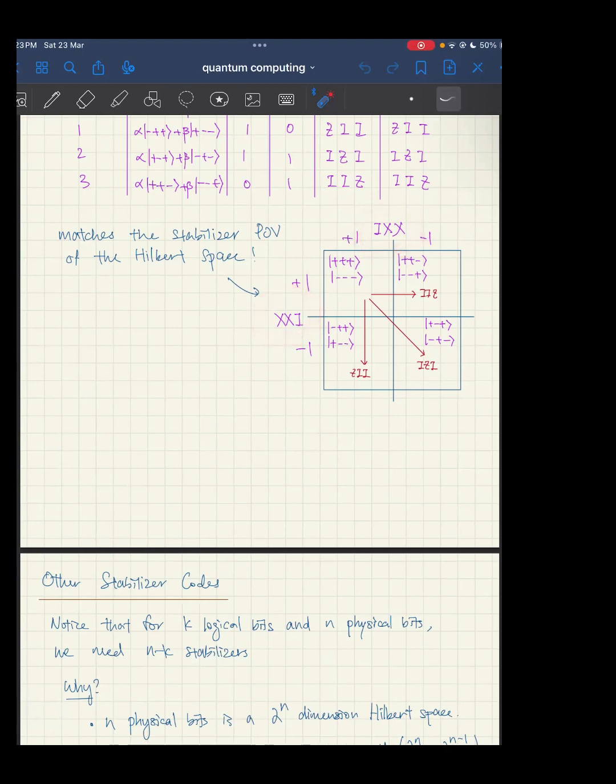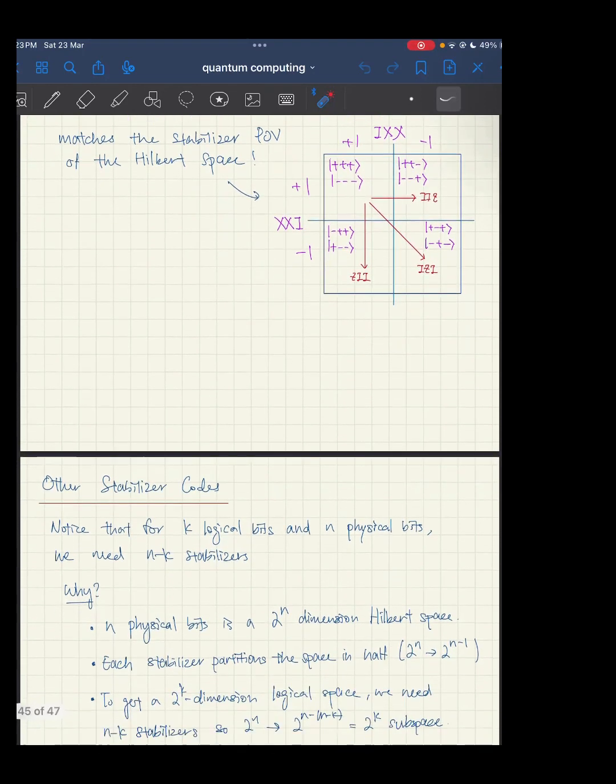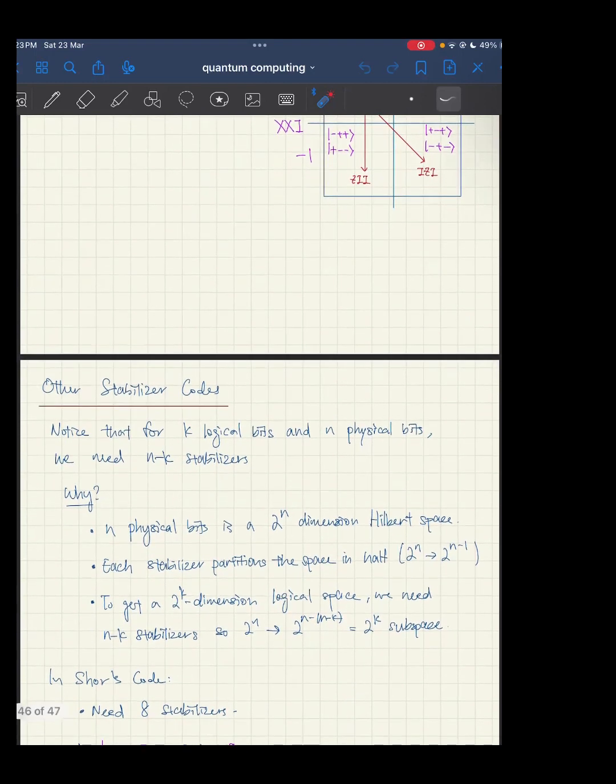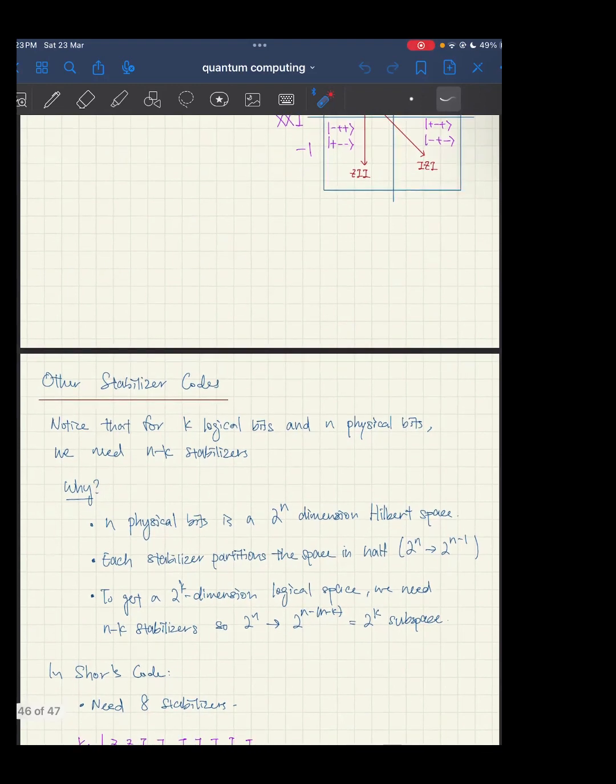Now, why is this the case? So this again comes down to how the stabilizers work. Fundamentally, when we have n physical bits, we are really working in a 2 to the n dimension qubit space, right? And each stabilizer partitions the space into half. We basically cut the space into half, and so we go from 2 to the n dimensions to 2 to the n minus 1.